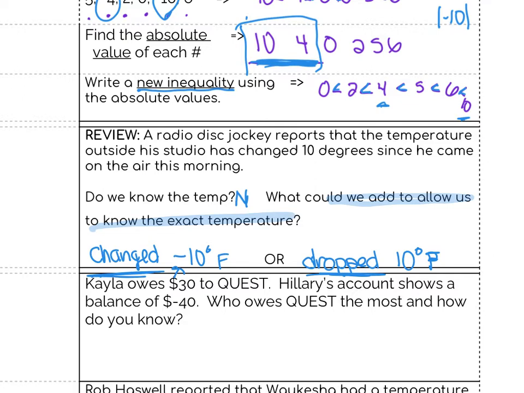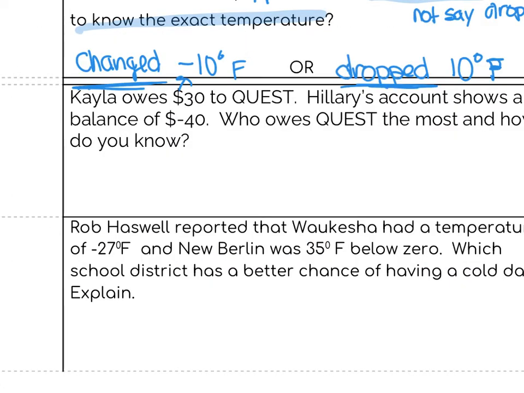But you would not say dropped a negative 10 degrees because that's like the opposite of the opposite, so that would be really raising 10 degrees. Okay? All right. So let's use that idea to answer some questions.